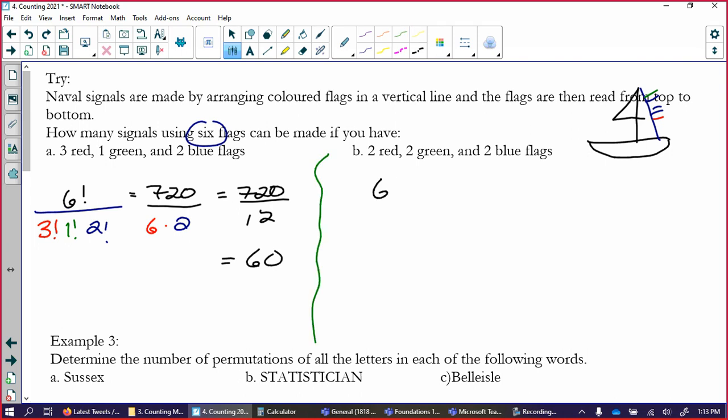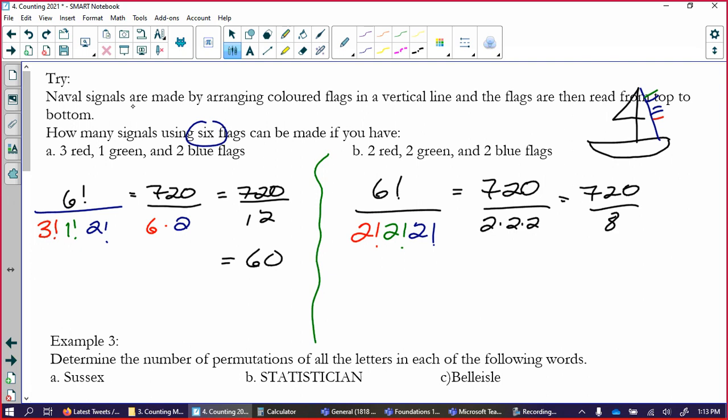Well, there's still 6 flags, so that's 6 factorial. But now we have 2 red, 2 green, 2 blue. 720. 2 times 2 times 2 is 8.